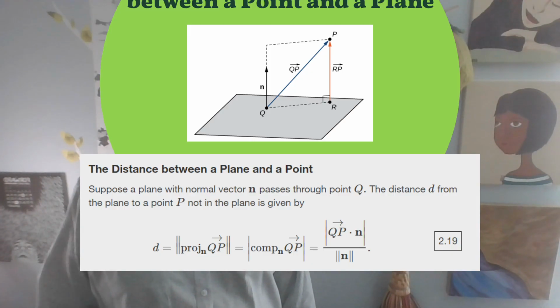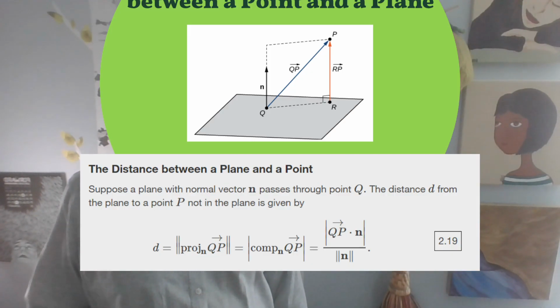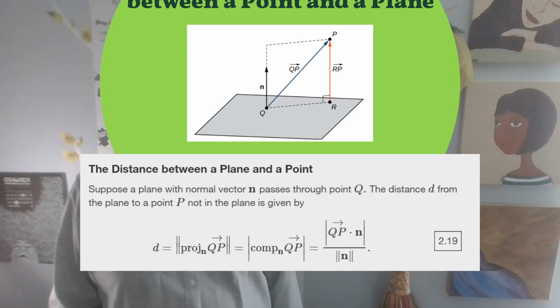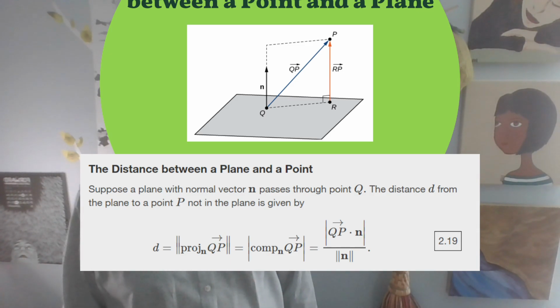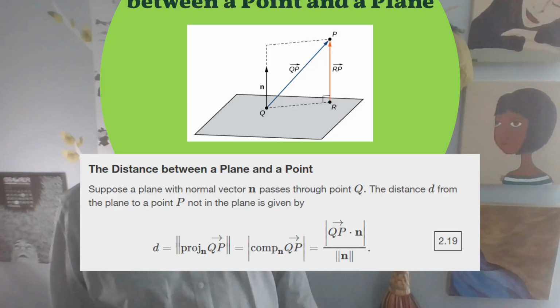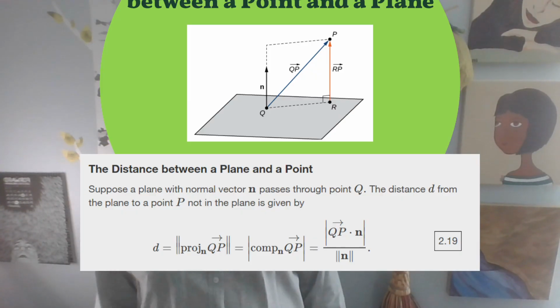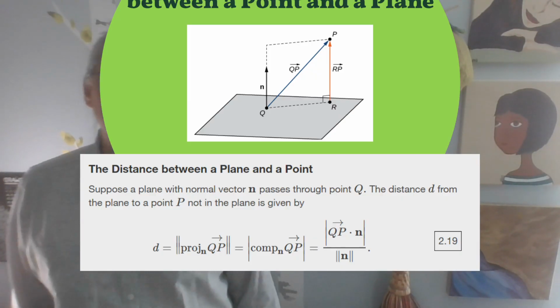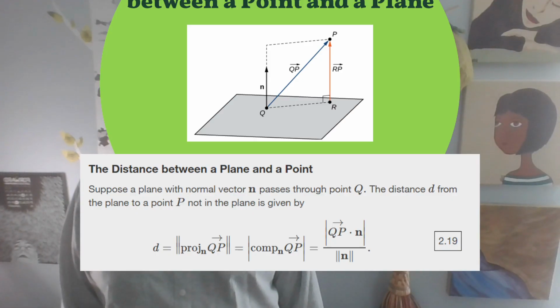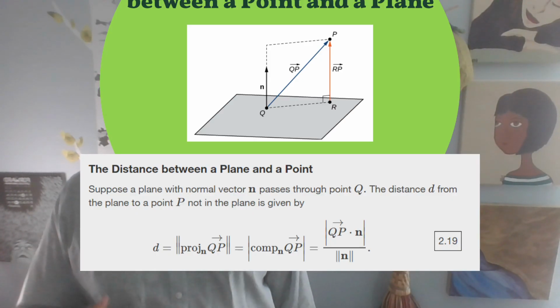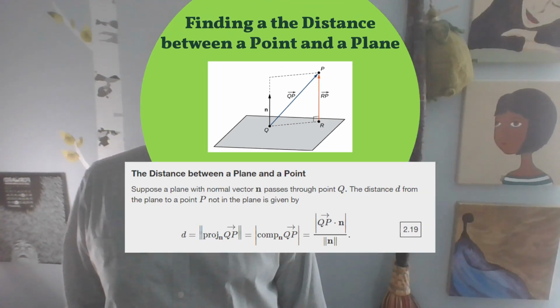So you find the point on the plane, and then you make a vector from that point on the plane to the point that's not on the plane, and then you project that onto the normal vector. By projecting that onto the normal vector, you're going to get the distance. Now we're going to find another distance formula that's a little bit nicer looking than this, but this is the generic idea of how they came up with that formula for the distance.